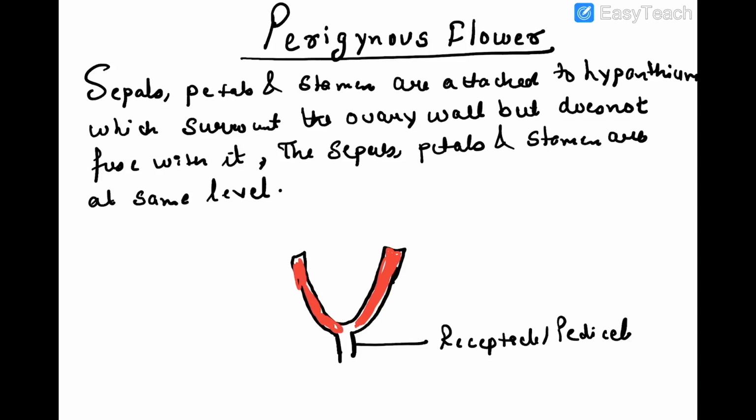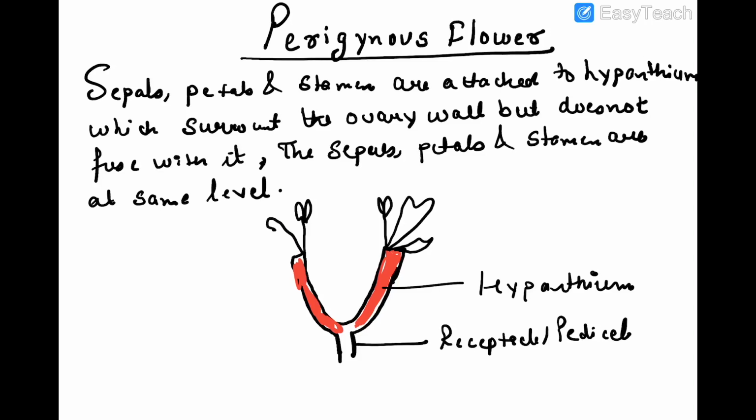All the things like the stamens, petals, and sepals would be inserted on this hypanthium, which is the elongation of the pedicel, and this would surround the ovary, but it will not fuse with the ovary.